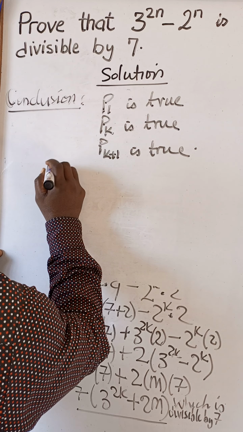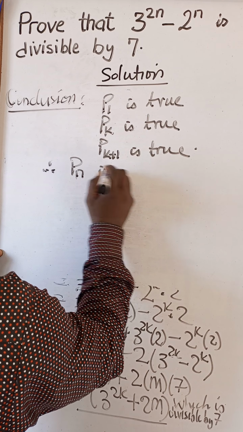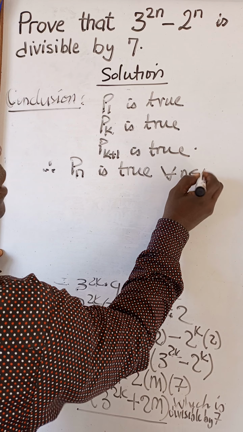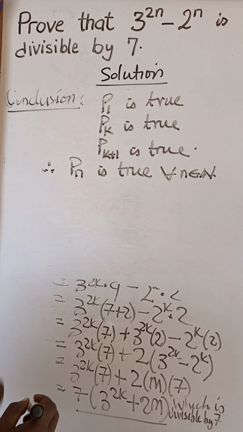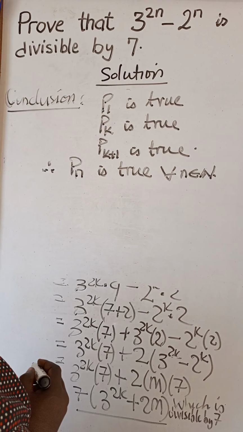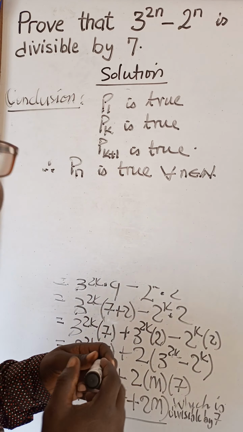Therefore, we expect the statement Pn to be true for all natural numbers n. Therefore, the statement 3 to the 2n minus 2 to the n is divisible by 7.